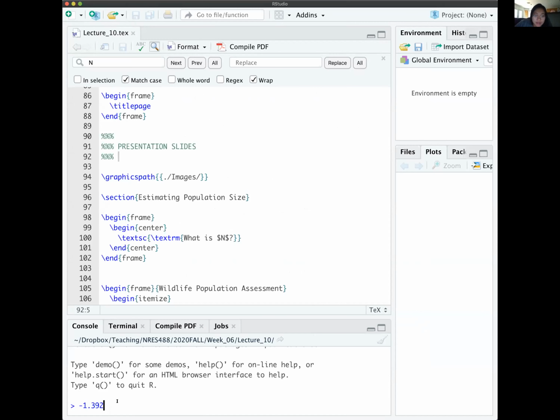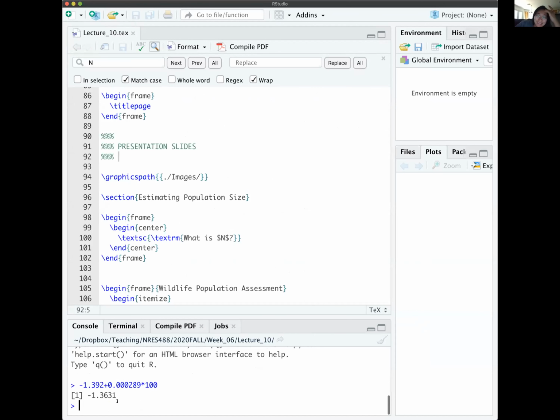Yeah. Okay, so we type in our console, negative 1.392 plus 0.000289 times 100. Oh, oops. I put the parentheses instead of the multiplication sign. Right, it doesn't like parentheses for a multiplication sign. So that gives us negative 1.3631. Mm-hmm. I got that.